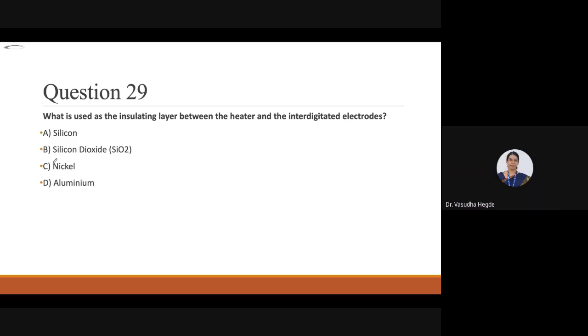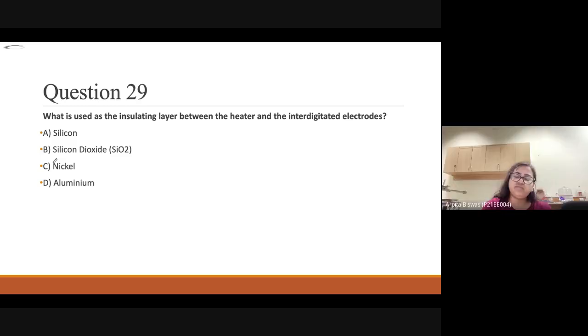The heater is actually getting heated because of the flow of current, so it cannot directly come in contact with the interdigitated electrodes. So an insulating layer of silicon dioxide is used. If the heater comes in direct contact with the interdigitated electrode, what will happen?